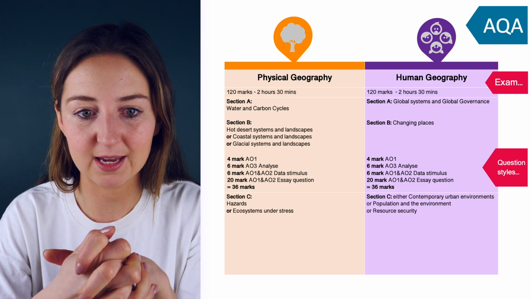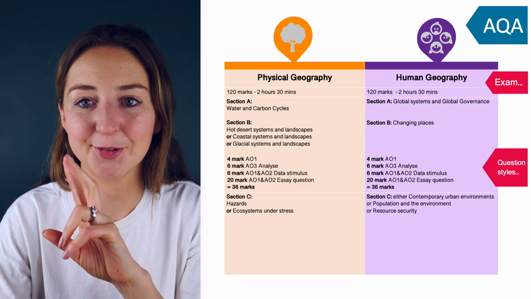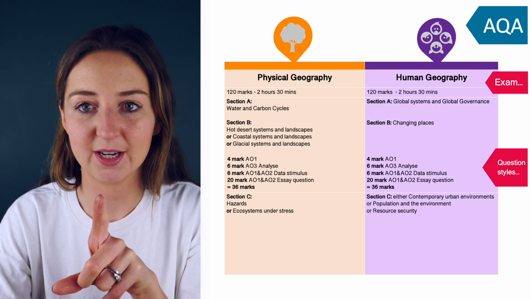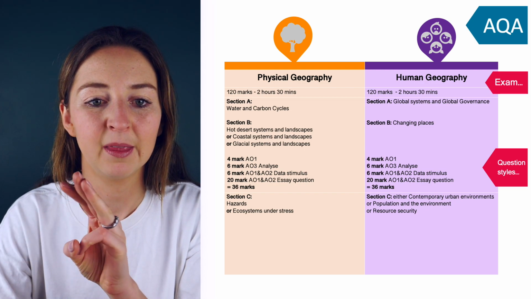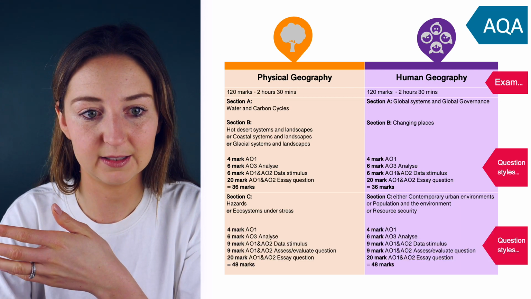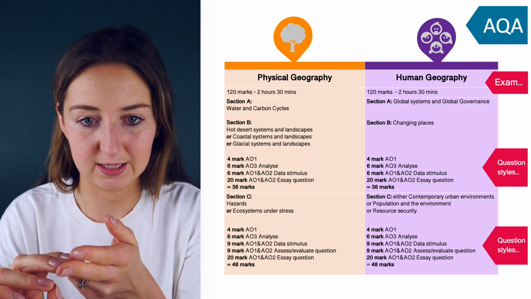Then in section C, so it is either hazards or ecosystems under stress for physical paper, or contemporary urban environments, population and the environment, or resource security. It's a slightly longer section and it's 48 marks, not 36. So in this section, it's 4, 6, 9, 9, 20.